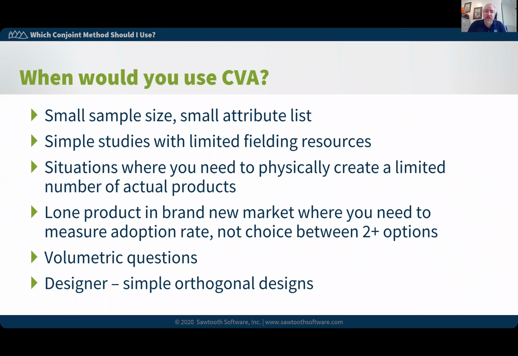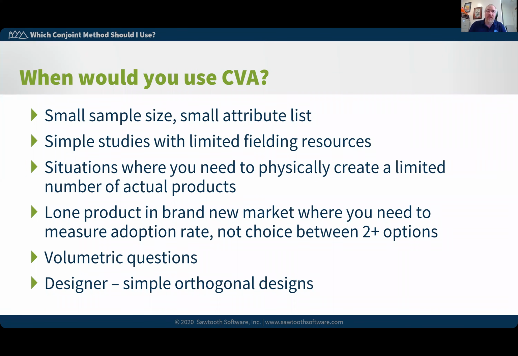It also is useful in situations where maybe you have a lone product in a brand new market. If I've got a totally brand new experience that I'm offering people and there are no competitors, it may not make sense to do a choice-based conjoint where I'm saying, which of these three would you choose? Because we're not going to produce more than one option, choosing the best one is never going to be the question that we're actually asking. What we're asking is, how likely would you be to adopt this thing?